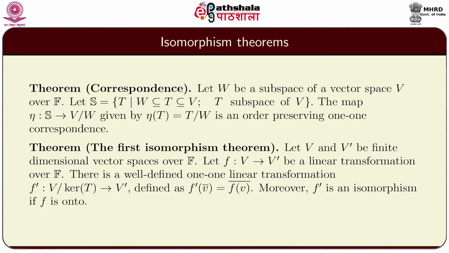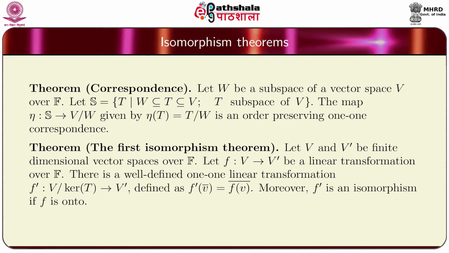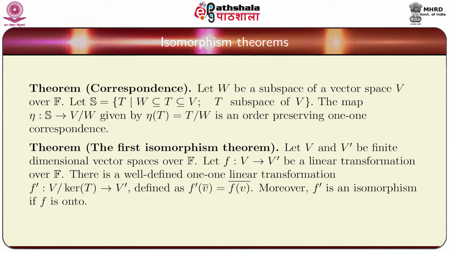This therefore shows that the subspaces of V quotient W would be of the form T quotient W, where T are subspaces of V which contain W.